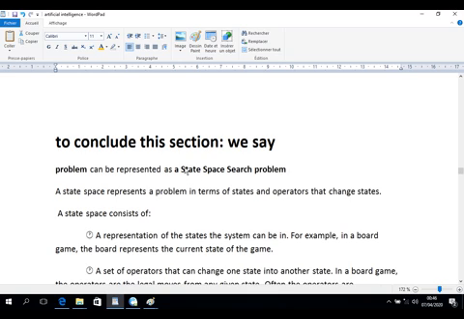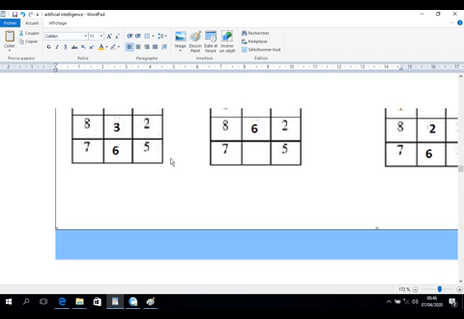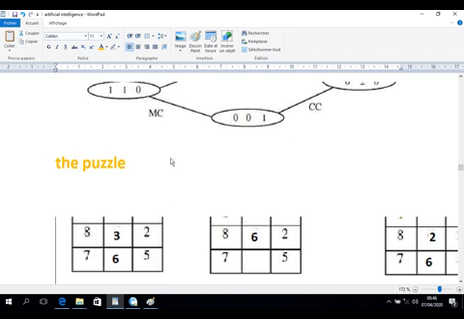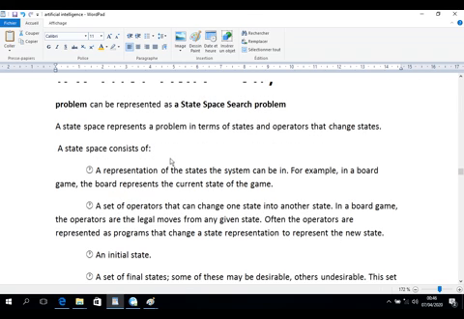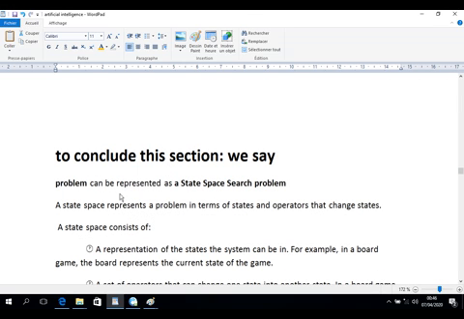Now to conclude this section, a problem can be represented as a state space search problem.